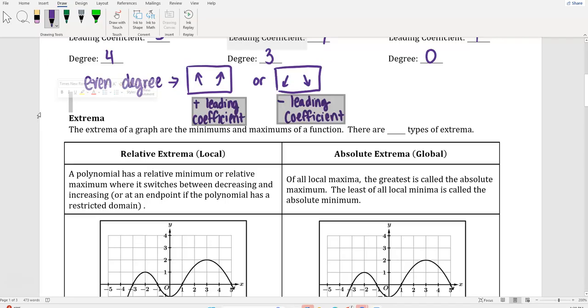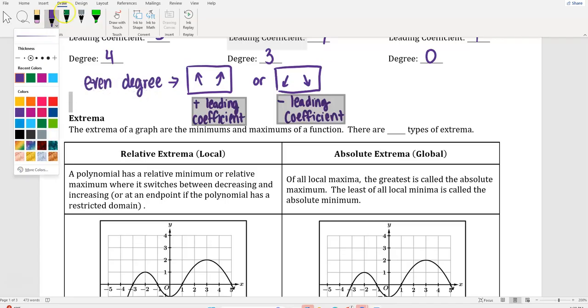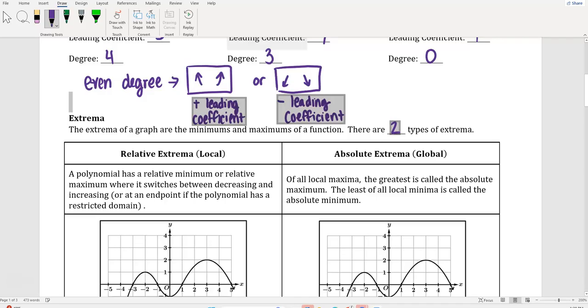If you're talking about the extrema of a graph, then you're talking about the maximums and the minimums of the function. And there are two types of extrema. I am certain that Miss Martin talked about the maximums and minimums of a function. That should be something that you've seen before. Extrema is just a general term that means either one.